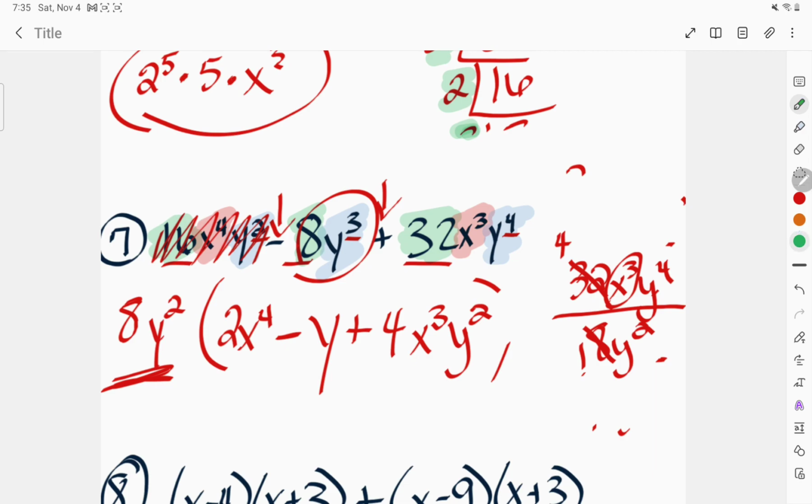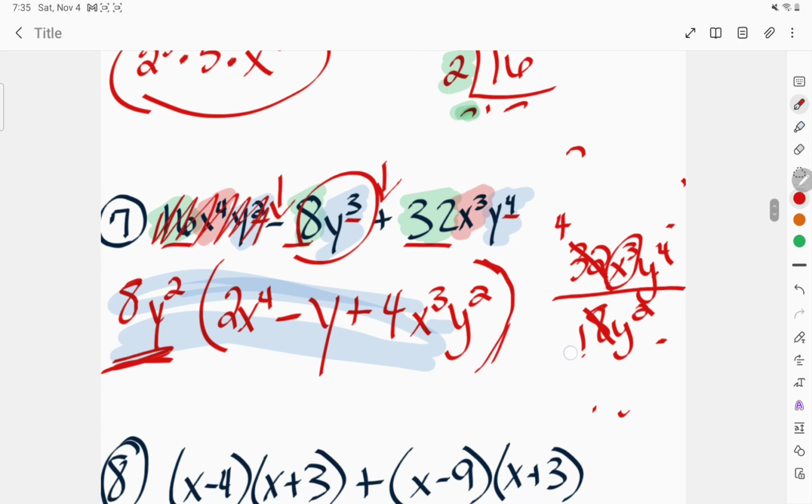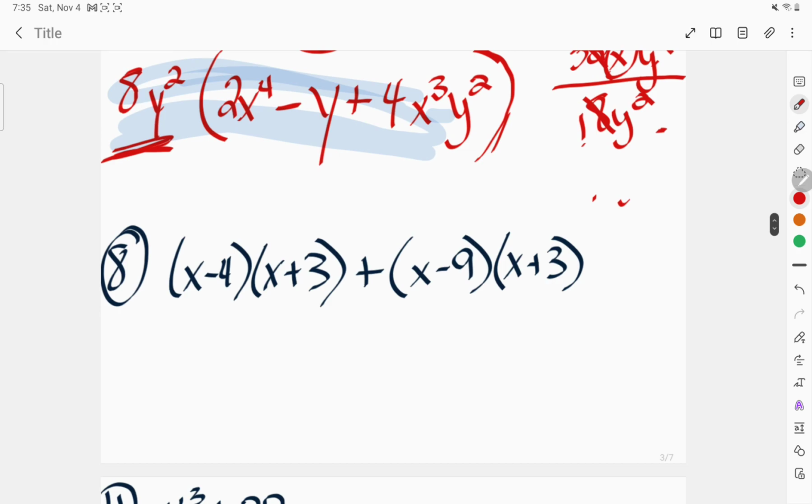All right, so that is your final answer on that one. 8y squared times 2x to the fourth minus y plus 4x to the third y squared.